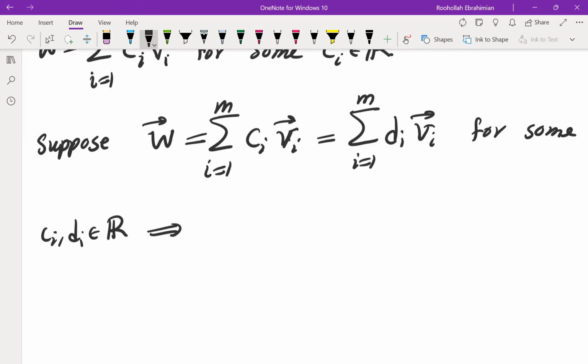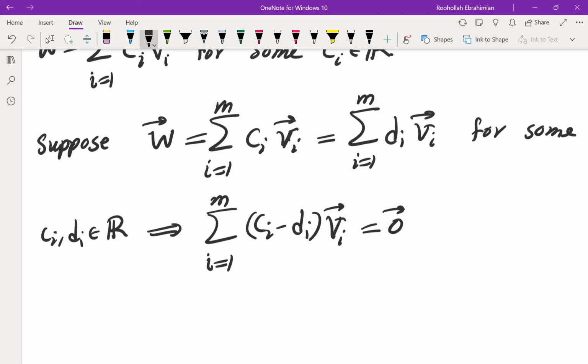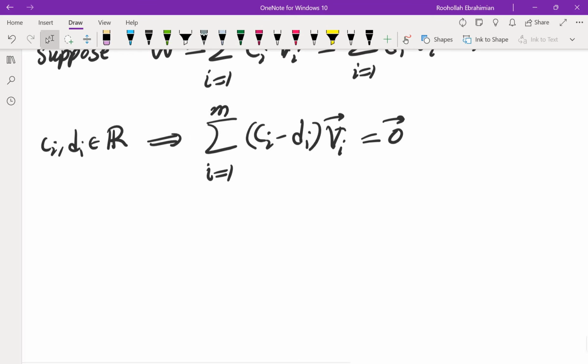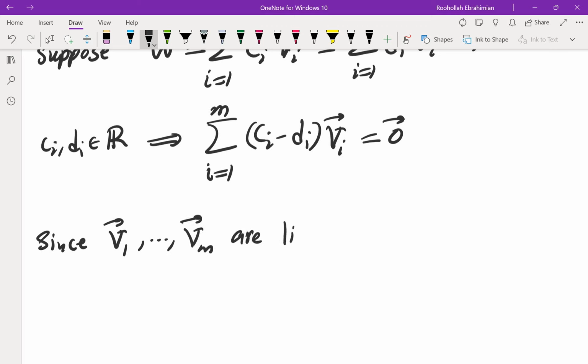So here's what we're going to do. We're going to move everything to the same side, so we get the sum, i equals 1 to m, of (ci minus di) vi equals 0. But we know that the vi's are linearly independent. So since v1 through vm are linearly independent, all of the coefficients must be 0, because think about the theorem that we just proved. Linearly independent means if a linear combination is 0, then all the coefficients must be 0.